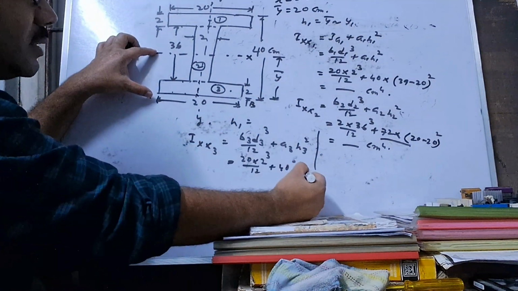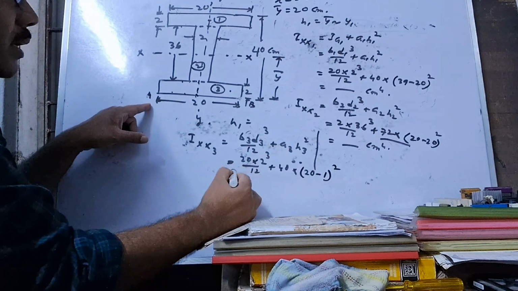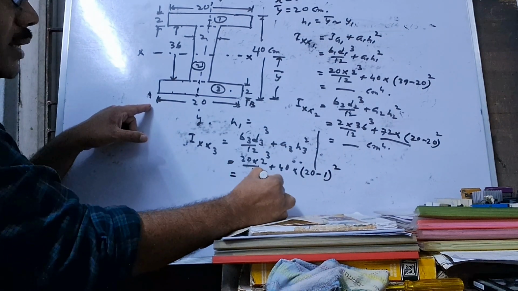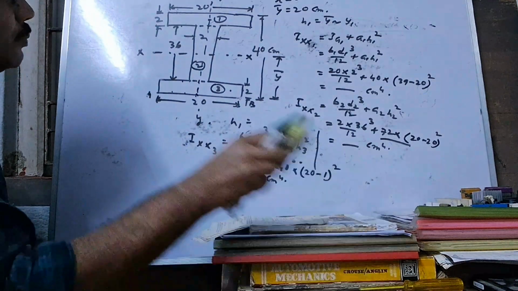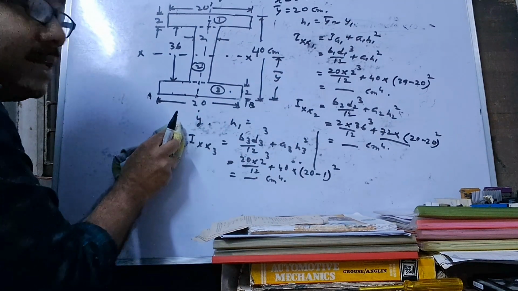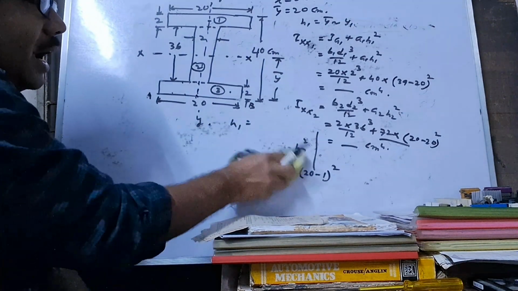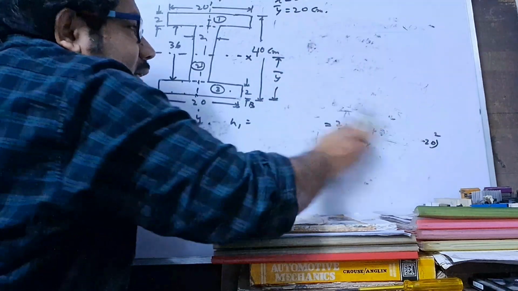Y bar is 20 and y3 is 1, the whole square, and you must calculate this value. In this way we have to calculate IXX1, IXX2, IXX3. Now IXX for whole section.